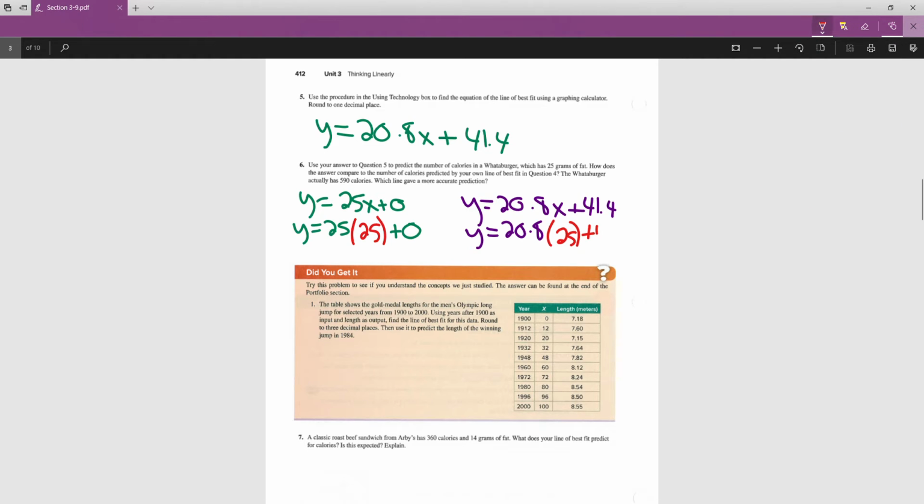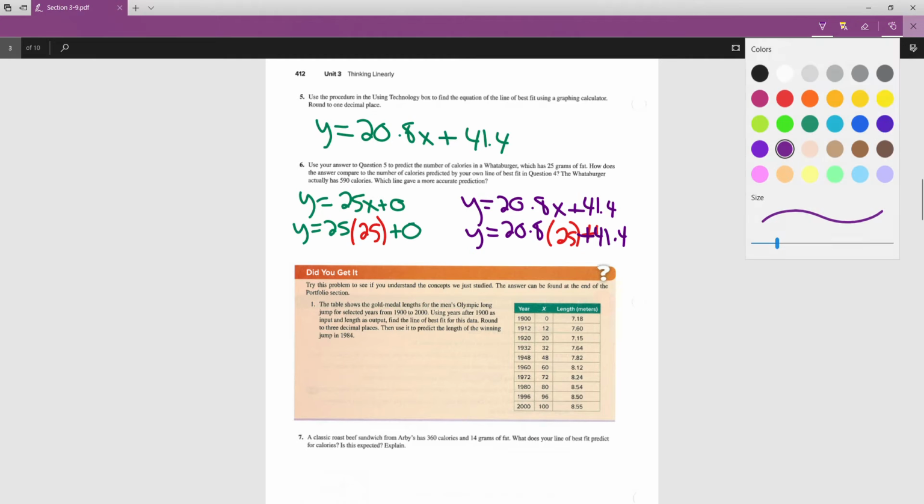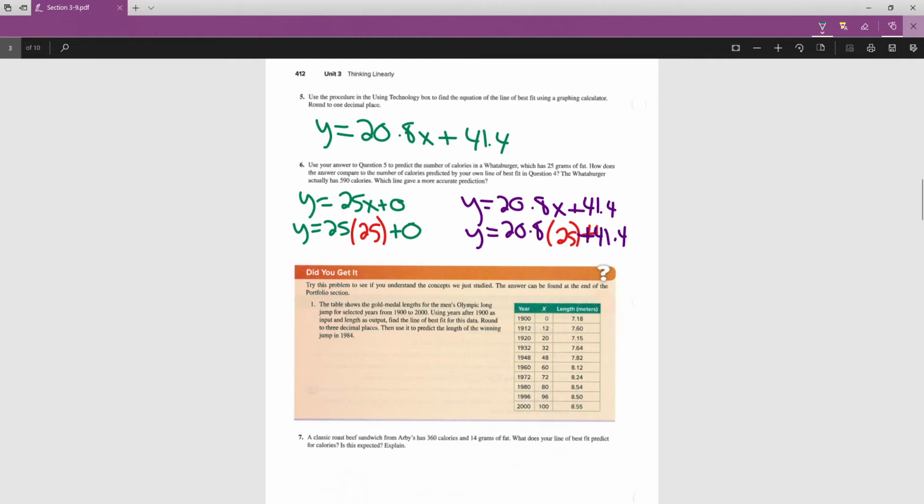So the answer we get from our equation is 625 calories.